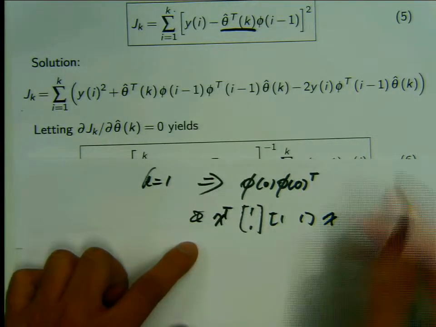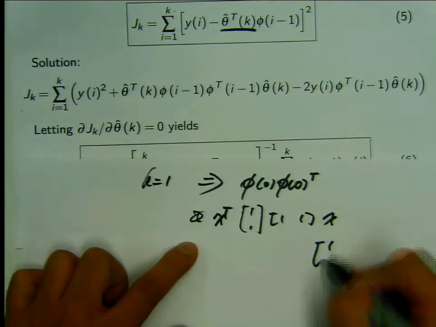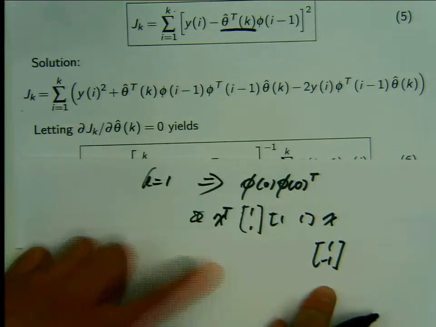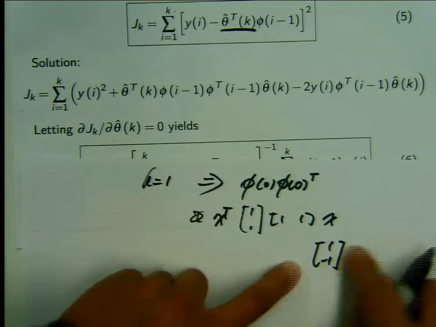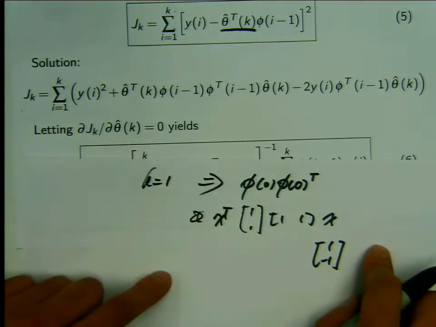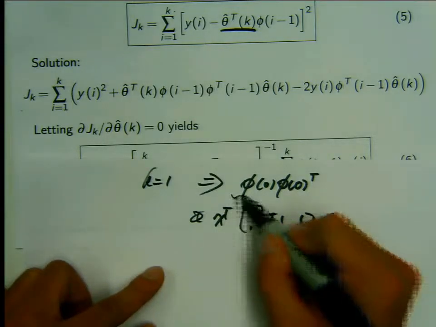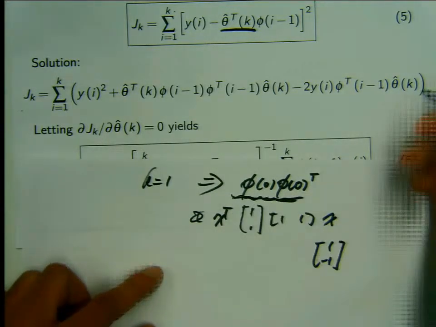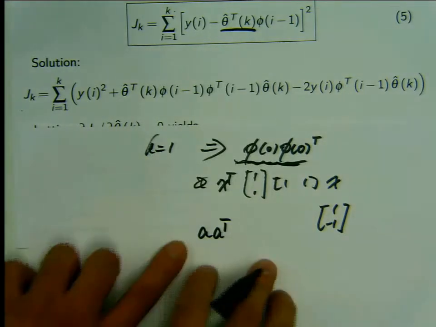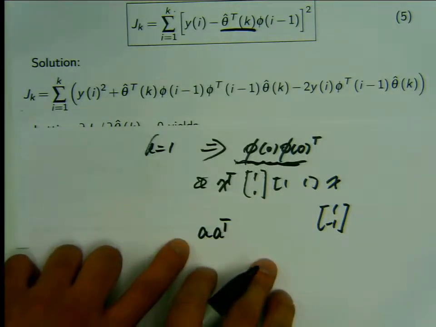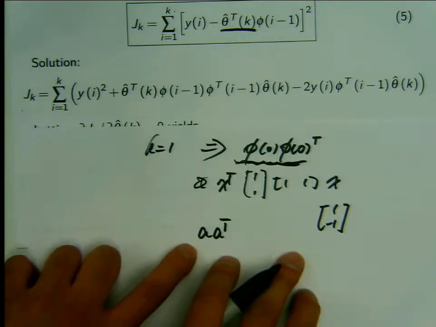Set x to, for example, 1, negative 1. Then this is 0. So it's a non-zero x, but 0 output. Be careful: any matrix that looks like this, A transpose, is not full rank. It's not full rank at all. The rank of this guy is always 1.